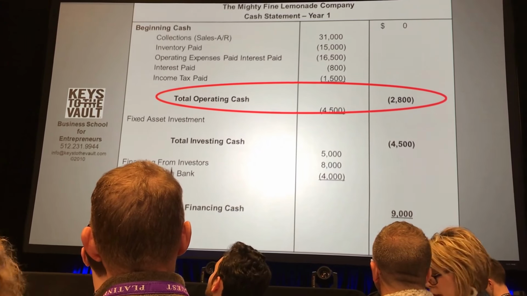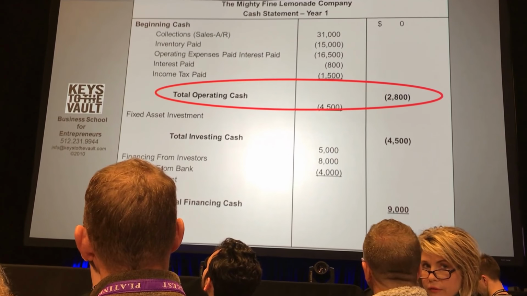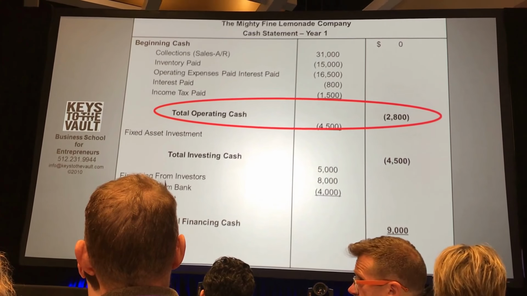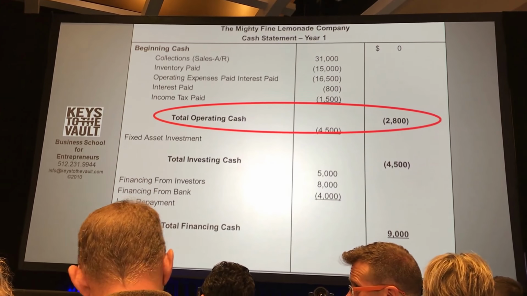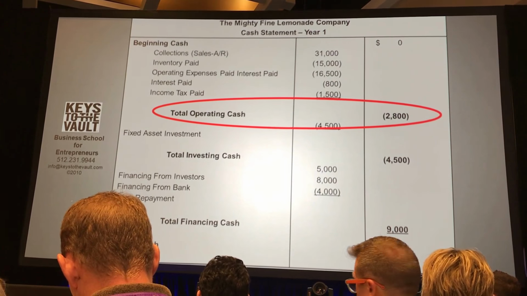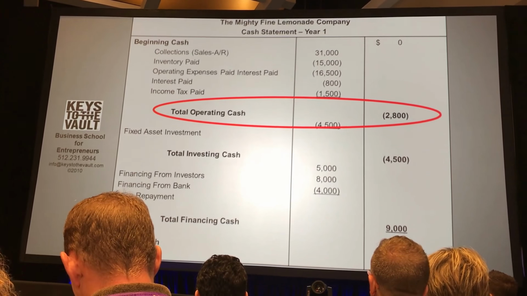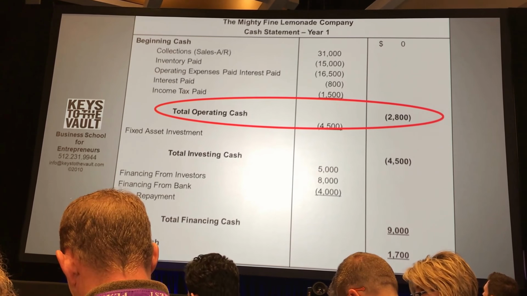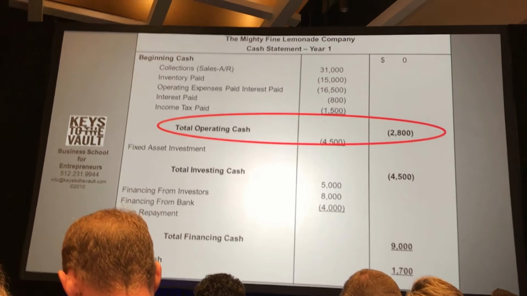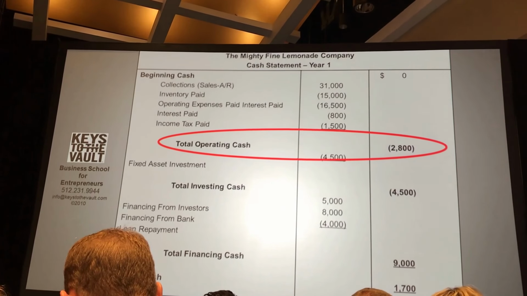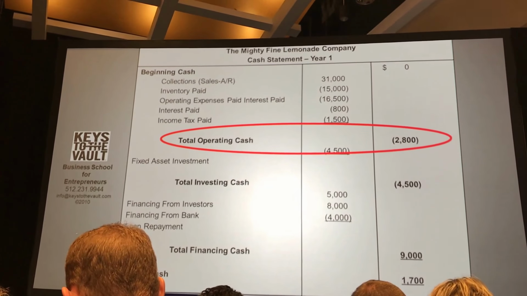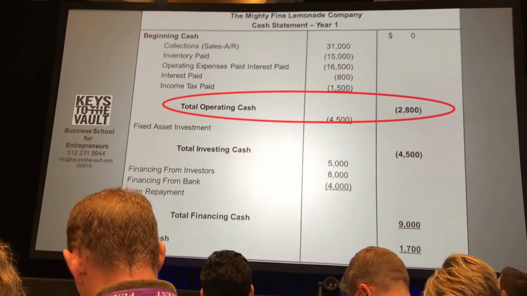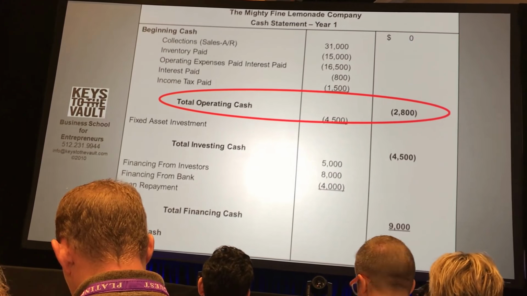Here's what this means. As business owners, we busted our butts all year long. We created sales, we bought equipment, we had payroll, we had all these expenses, we borrowed some money, we bought some property, plant, and equipment, we bought some lemons, we made lemonade, we had 50,000 of sales, and at the end of the year, our bank account is 2,800 less than the beginning of the year.